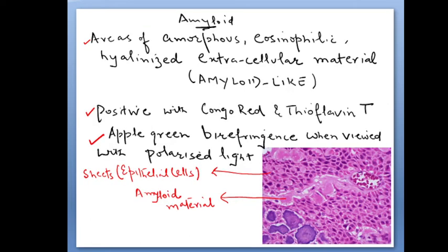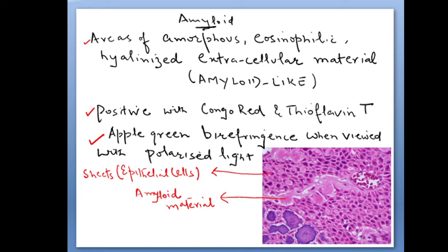Areas of amorphous eosinophilic hyalinized material are seen. It is extracellular in nature, resembles amyloid and so is called amyloid-like structure. These areas are dispersed throughout the tumor.